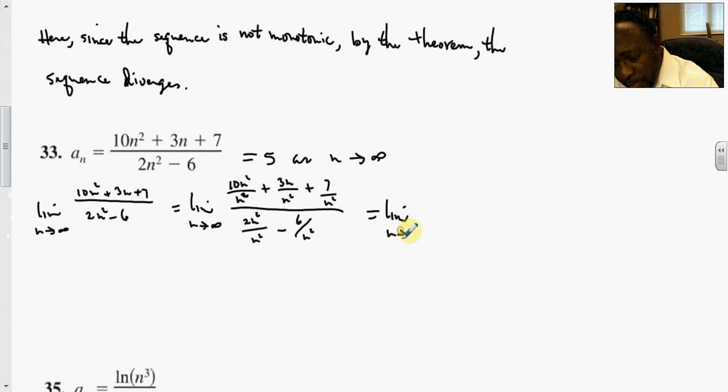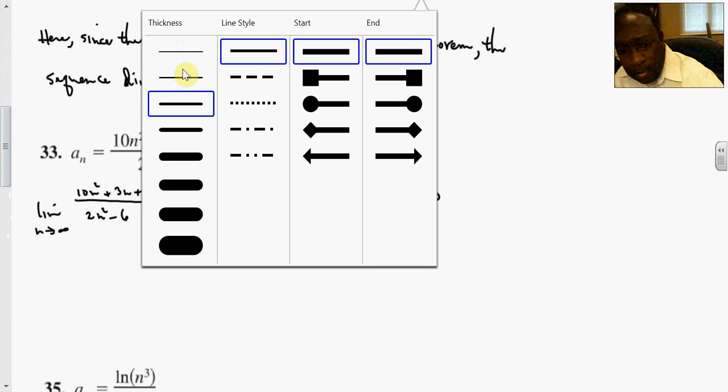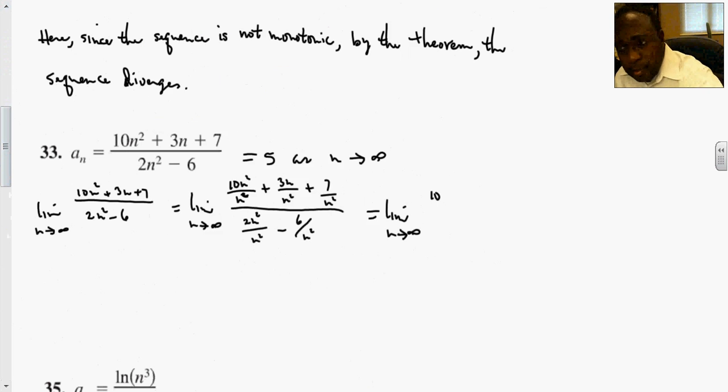The limit as n goes to infinity of 10. This is 3 over n, so this goes to 0. This limit here goes to 10. And this limit here goes to 2. This limit goes to 0.